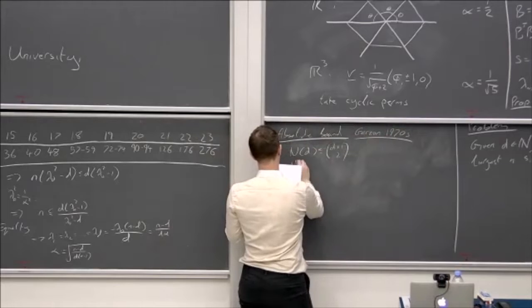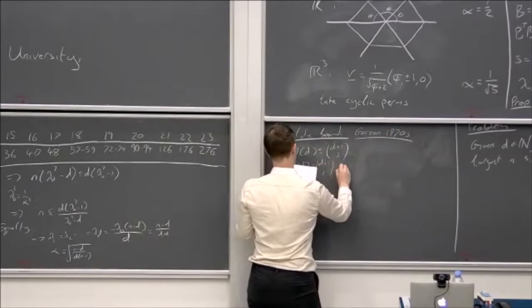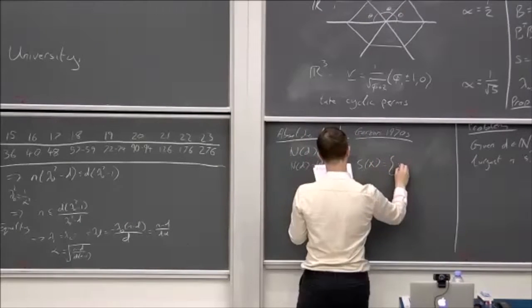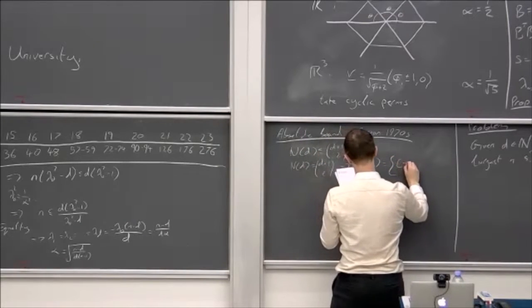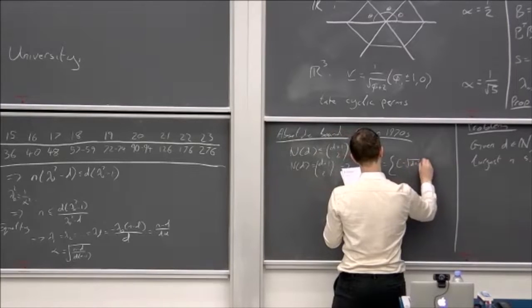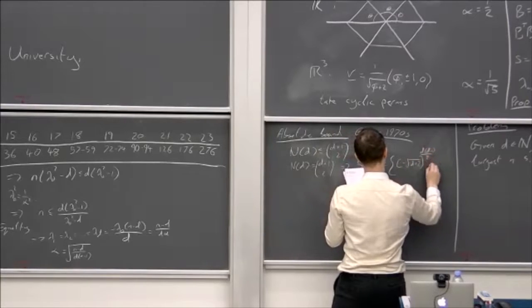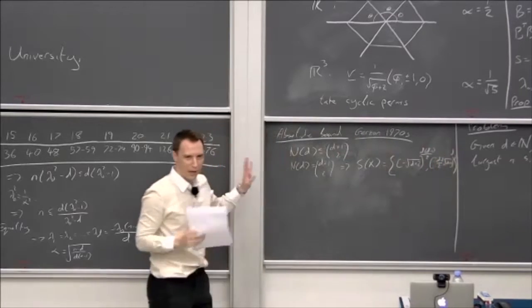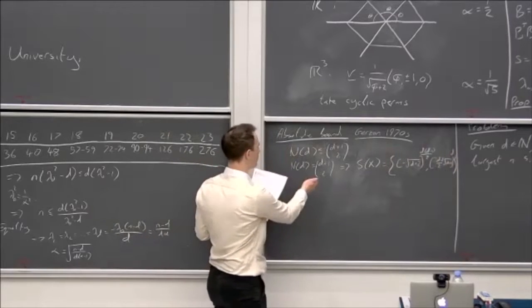And if we have equality, then that implies that, again, the Seidel matrix has just two distinct eigenvalues. This time minus square root d plus 2 over d minus 1, and d minus 1 over 2 square root d plus 2.